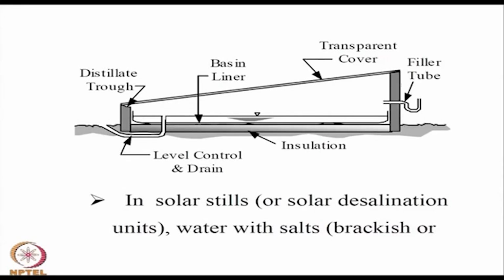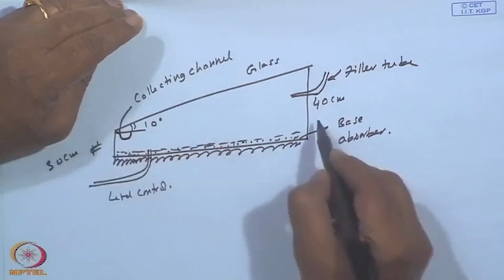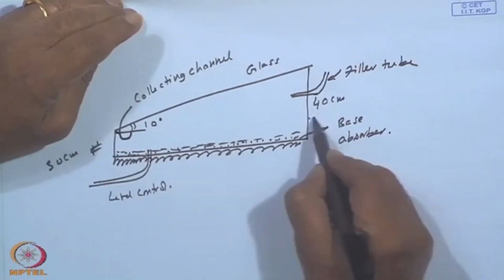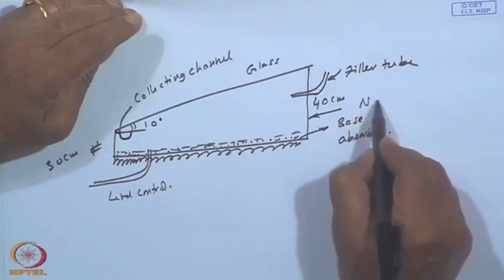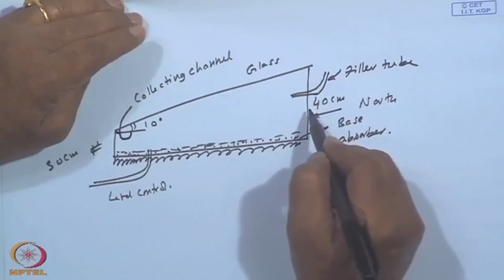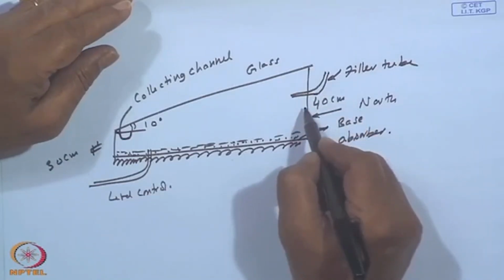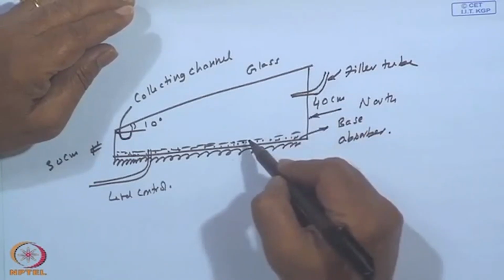So, this brackish water or water with salts, you can see in the picture. As I have already described, there is a filler tube, there is a top glass, and every side, east, west, north, south, is transparent. Regarding the north side, there are different arguments. It can be transparent. Some people argue let the diffuse radiation come through this and hence a little more radiation.